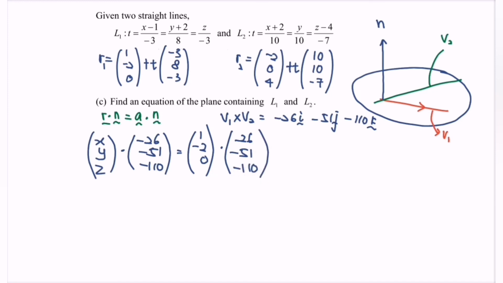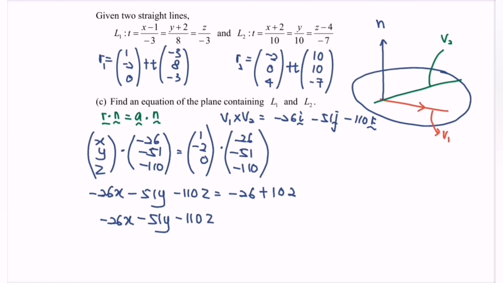If you are interested in Cartesian, you may expand: -26x, -51y, and -110z equals -26 plus 102 plus 0. Kindly simplify, so we have -26x minus 51y minus 110z equals 76. Or you may express your answer as 26x plus 51y plus 110z equals -76.